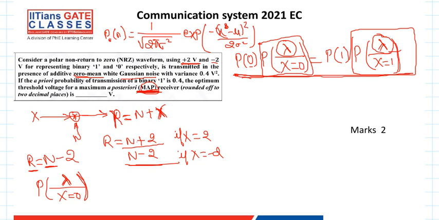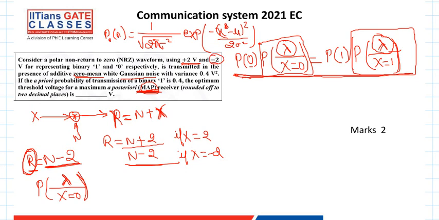But as soon as you add a minus 2 here, the mean will no longer be 0. It will shift by minus 2. So this R, which is a new random variable, will have a mean not equal to 0 but minus 2, given that we are transmitting minus 2.